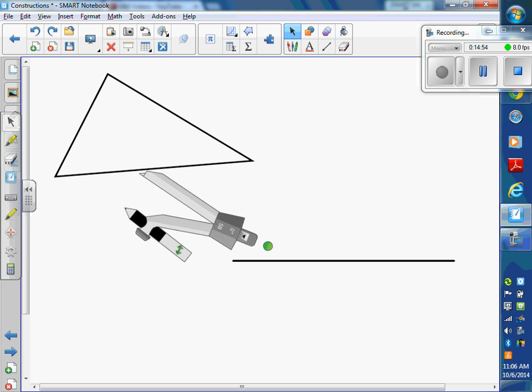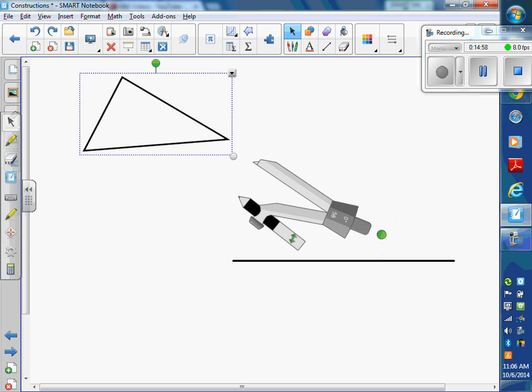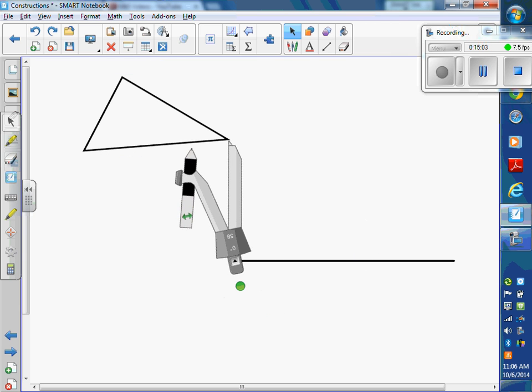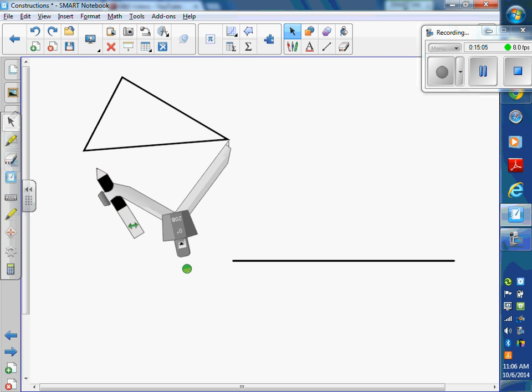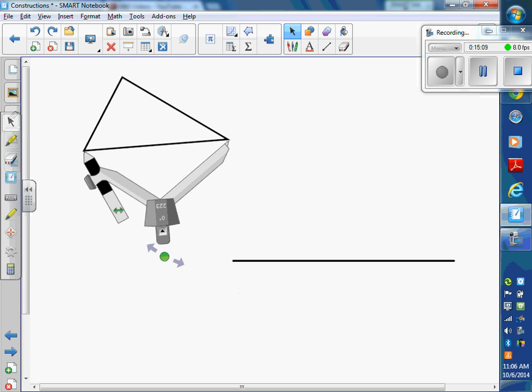If I want to figure out how long the segment is, I might need a smaller triangle. I don't think the compass is gonna open that wide. You're gonna see on this, there'll be more error because of the thickness of the polygon line that the SmartBoard has there. It's a little thick.